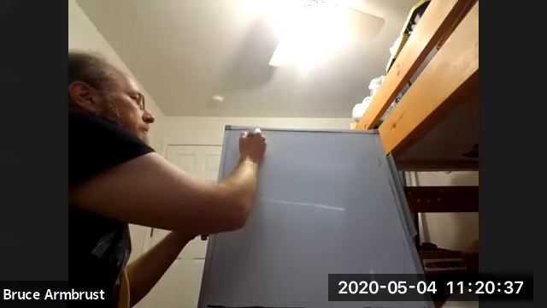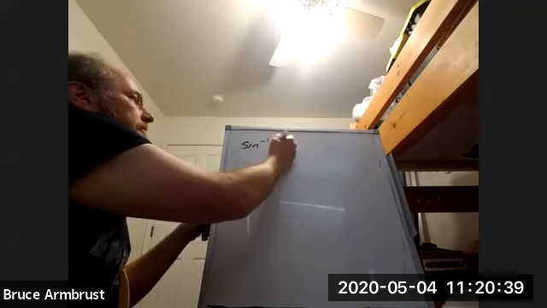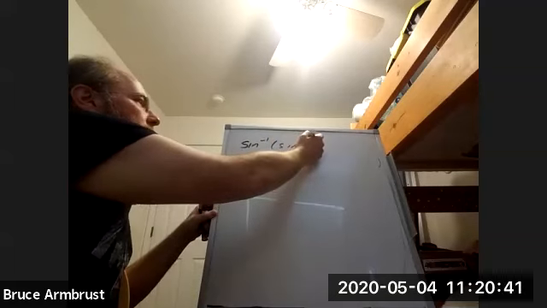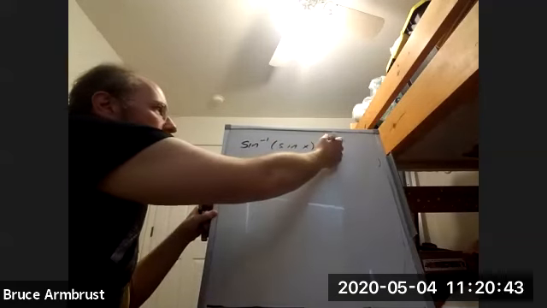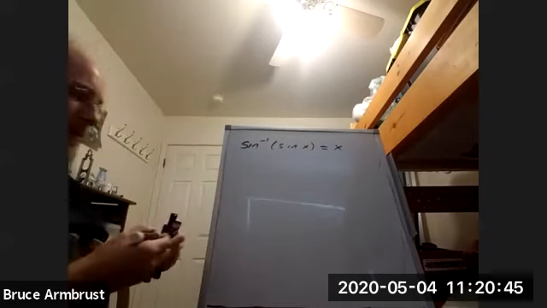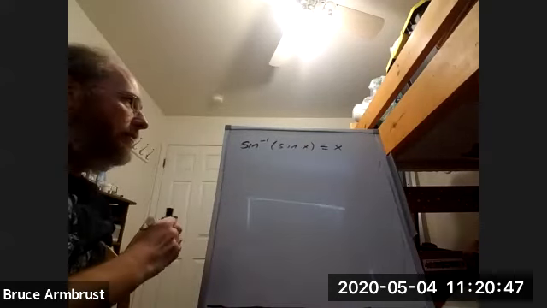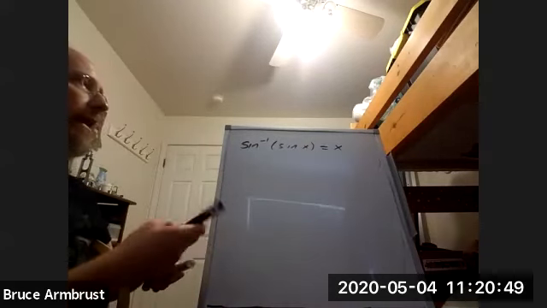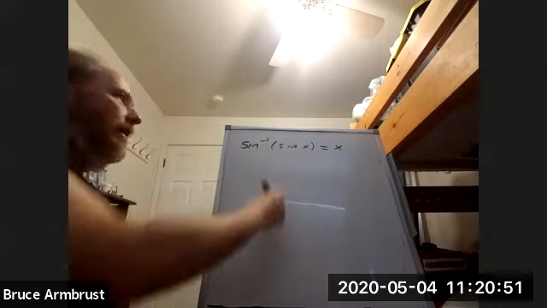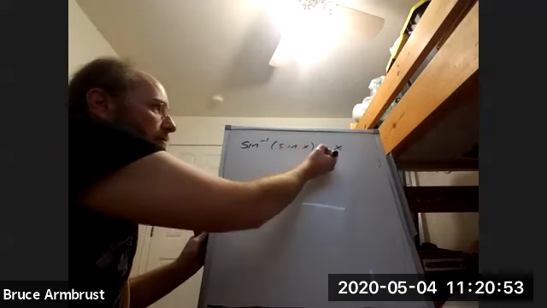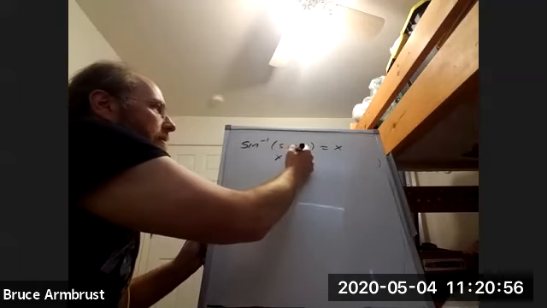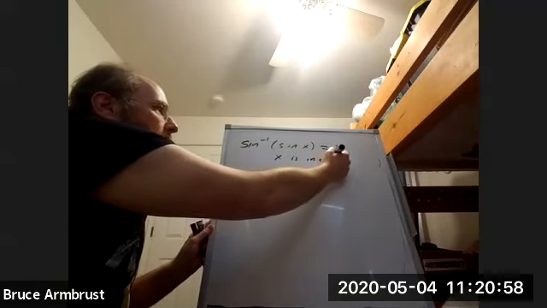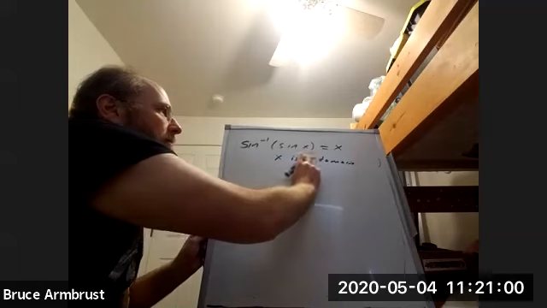for example, if we have sine inverse of sine of x, this is going to equal x as long as x is in the domain of sine. Okay, that's the important thing here, is that x is in the domain of the inner function.